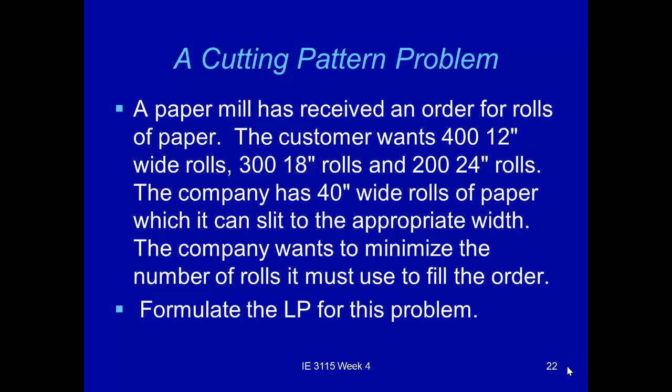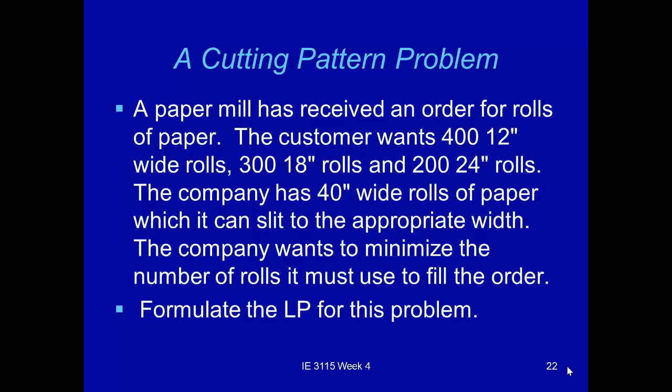And they want 400 12-inch, 318 18-inch, and 224 24-inch. So that's the requirement. And what they have is 40-inch rolls. So how do they fill this order?